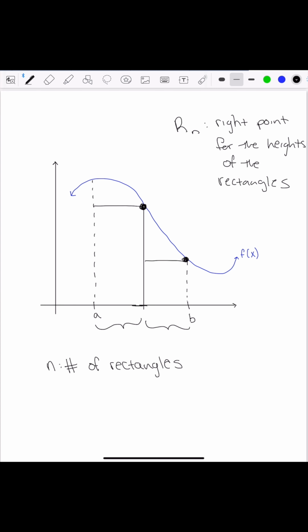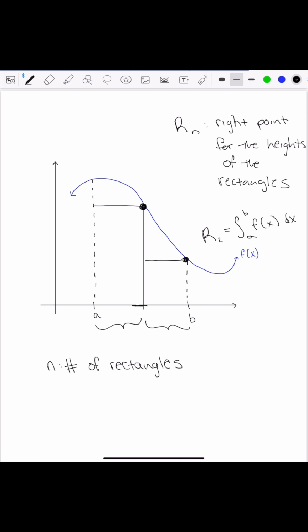In this case, this would be R2, and that is an approximation for the integral from a to b of f of x. The lower bound is a, the upper bound is b, and our function is f of x. So we're doing R2.